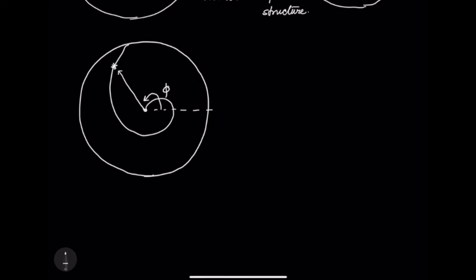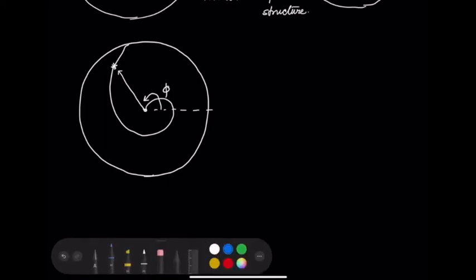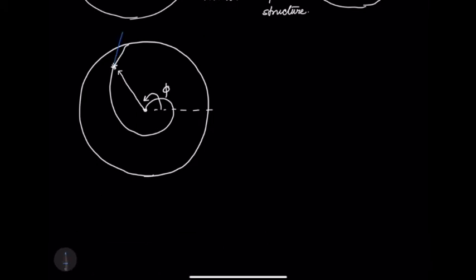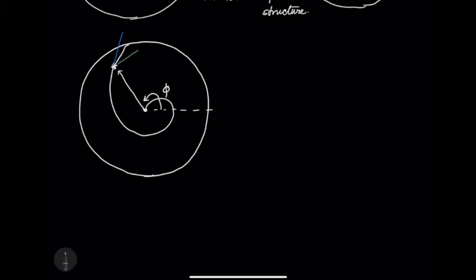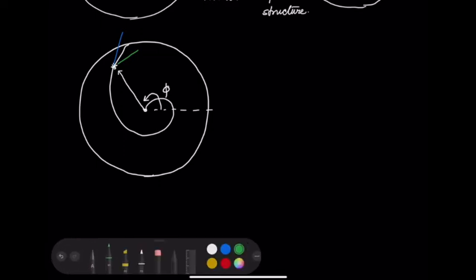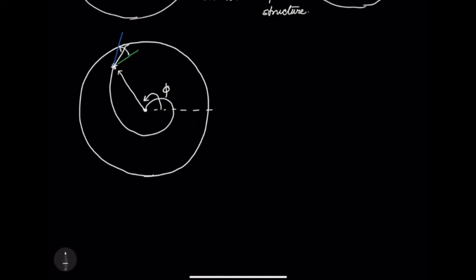I can draw a tangent to the spiral at this place, and I can draw a line which is perpendicular to the radial line, right? The angle between these two is called the pitch angle. Let's call this I. This is the tangent, and this is drawn by keeping this 90 degrees. So this is the pitch angle.